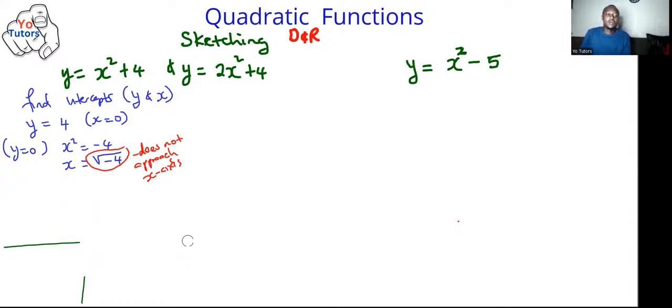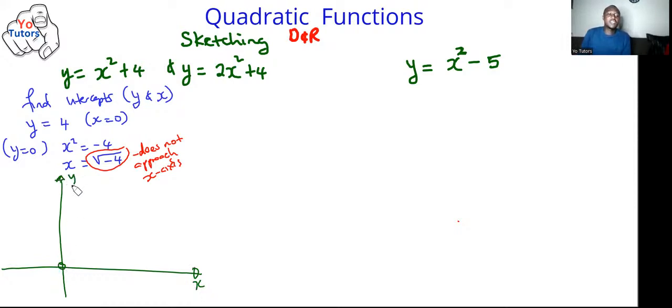I want to leave more space on top. Okay, then we have got our y-axis there. Now we're going to have our x squared plus 4, so x squared plus 4 is going to be like this.